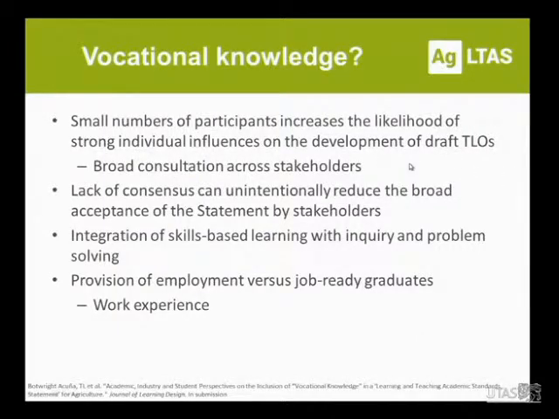One of the drawbacks of that first pilot project is it was a relatively small group of people who were involved in the development of the standards for agricultural science. One of the issues that can happen with a small group is that really strong voices can have a bigger influence on the outcome. So by broadening out the consultation phase and bringing in industry and also the students, that starts to get dampened down a little bit.